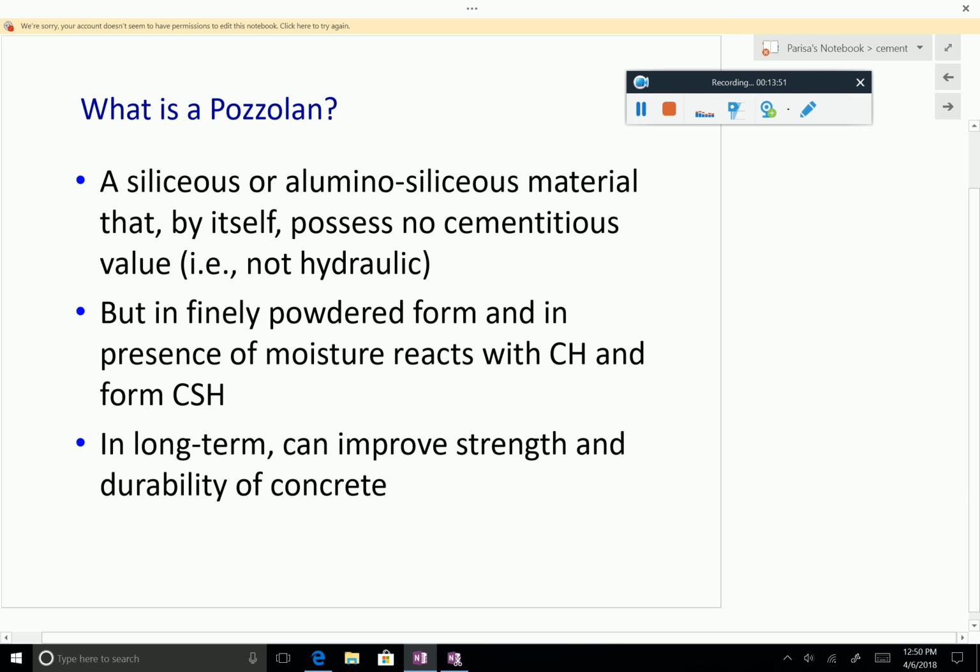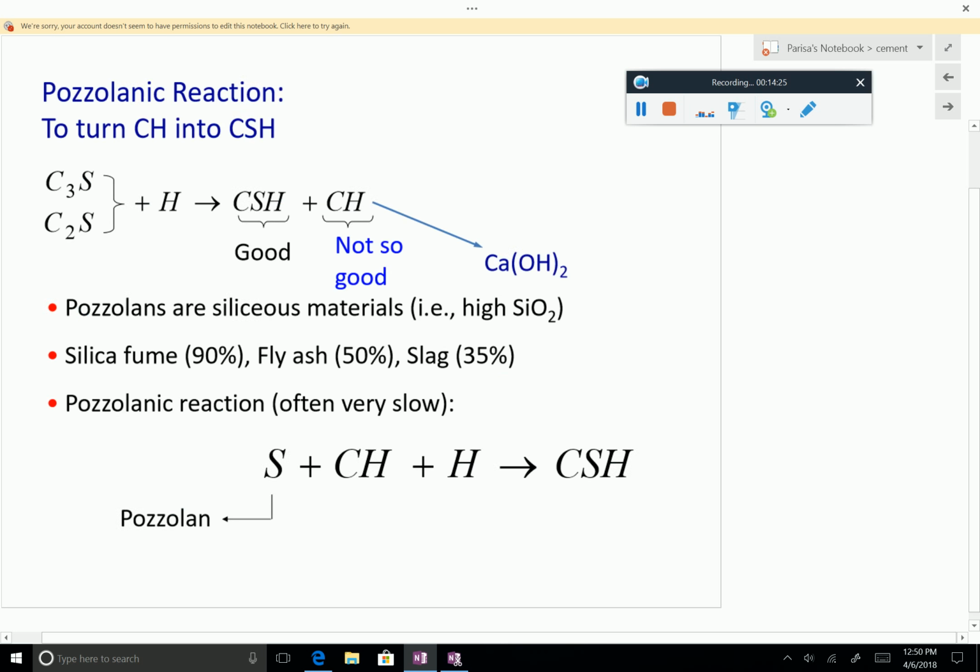So you add, for example, pozzolans, which have silica or alumina, or both. So they are siliceous or alumino-siliceous materials that are not cementitious by themselves, but when you add them, for example, to cement, they react with CH or CSH, and then they help improve the strength and durability of concrete.